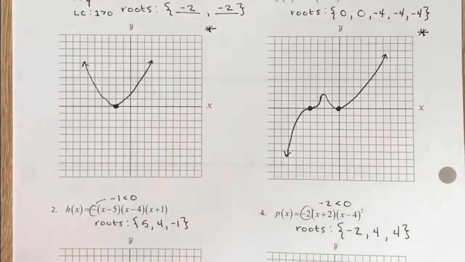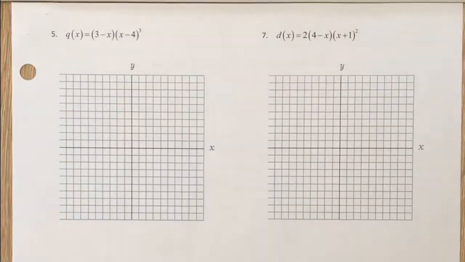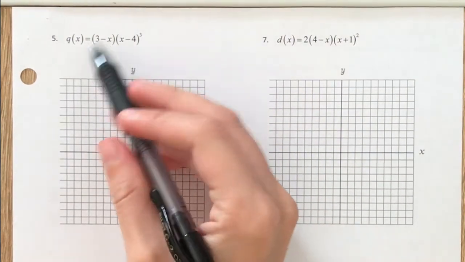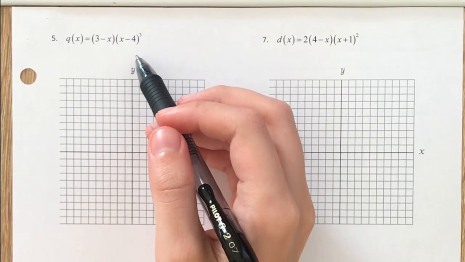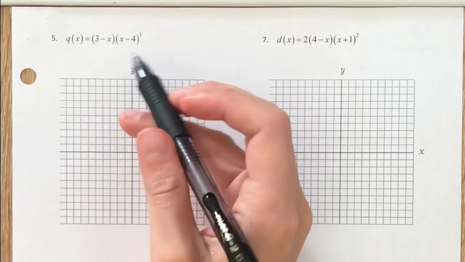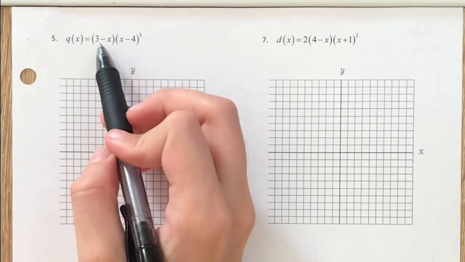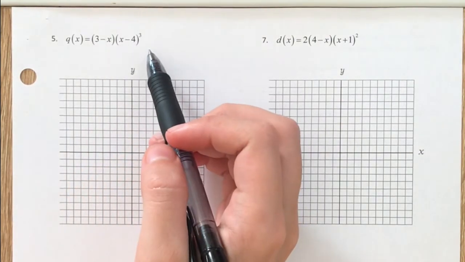Okay, let's check out the next page really quickly. So looking at this first one, what do we need to do first here? Well, remember our very first step is to write the function in root form. Is this in root form?